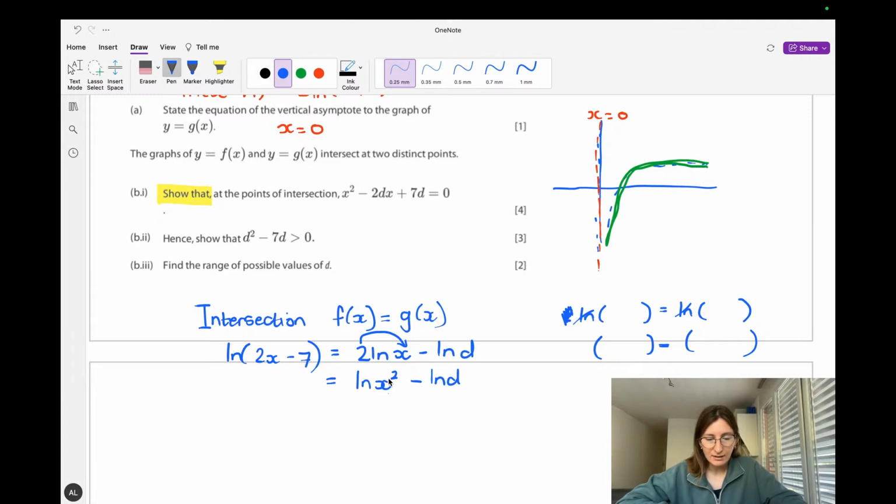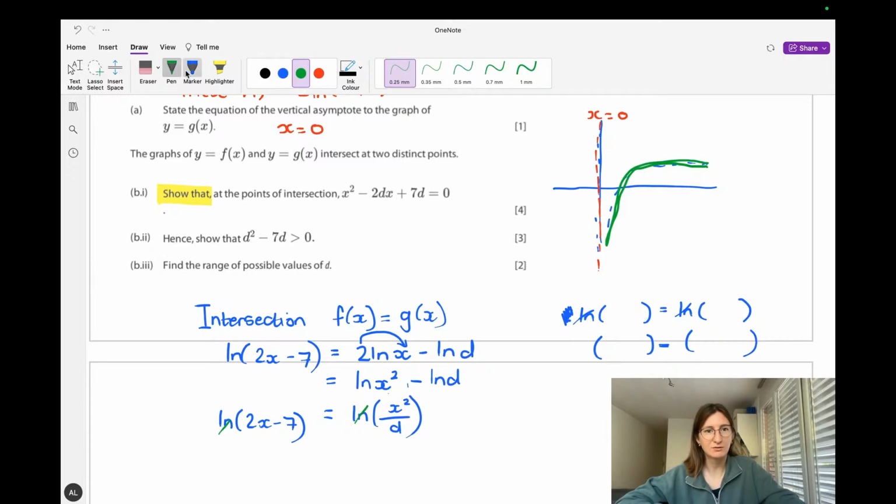Now that it's in there, I can use the subtraction law, which is to divide them: x squared over d. There we go. And now it's in a neat little bundle. Great, that's what we wanted. And now I can drop, cancel. It's not exactly what's happening, but that works for us.